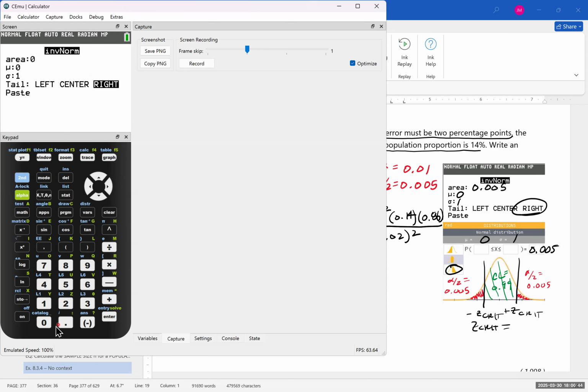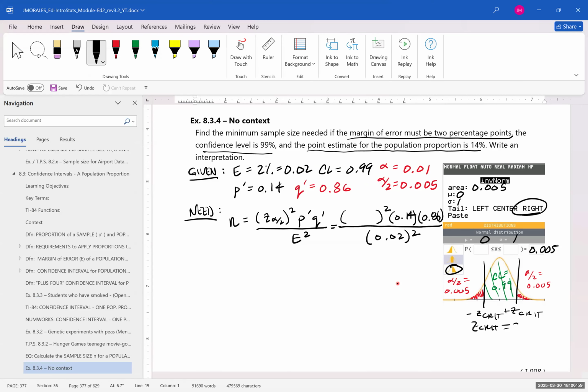The area is 0.005, area on the right, looks good. 2.576. So I'm going to store that in Z on the calculator.